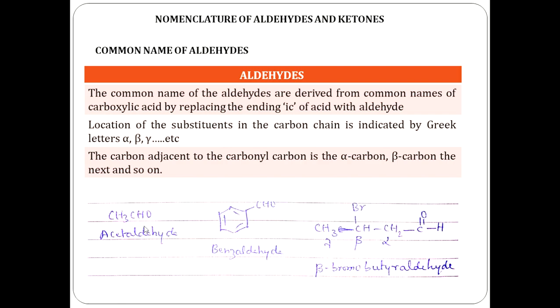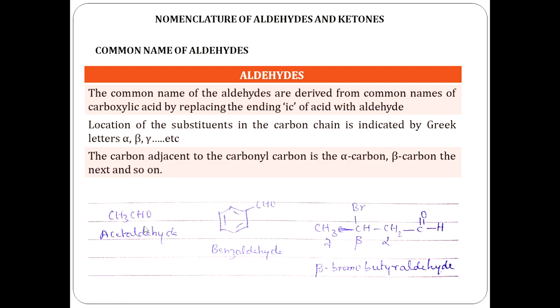Then, the location of the substituents in the carbon chain is indicated by the Greek letters alpha, beta, gamma, and so on. The carbon adjacent to the carbonyl carbon is the alpha carbon, beta carbon the next, and so on.